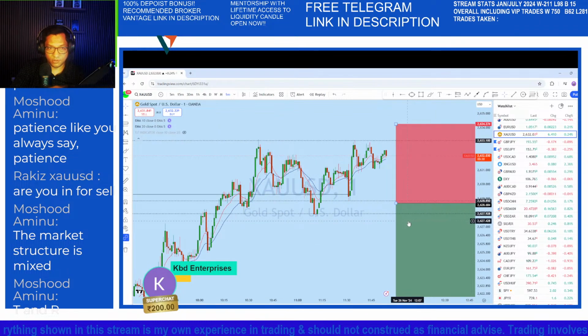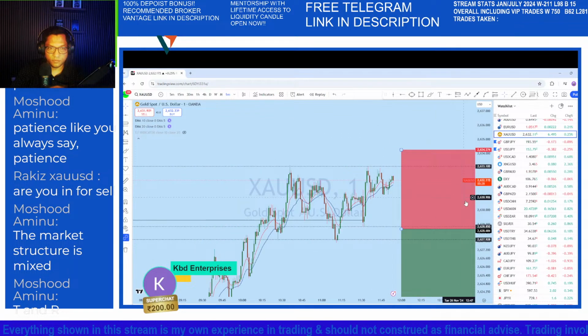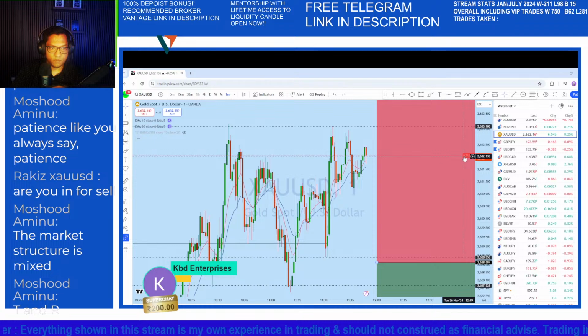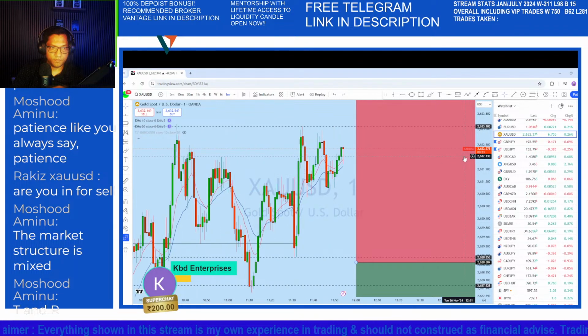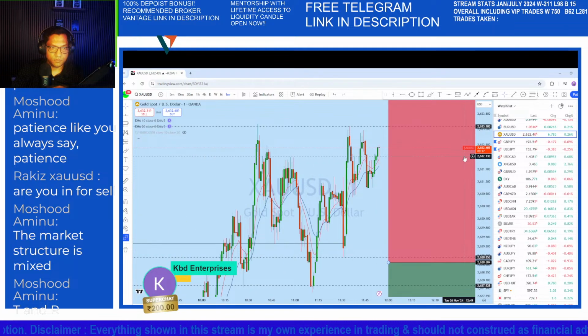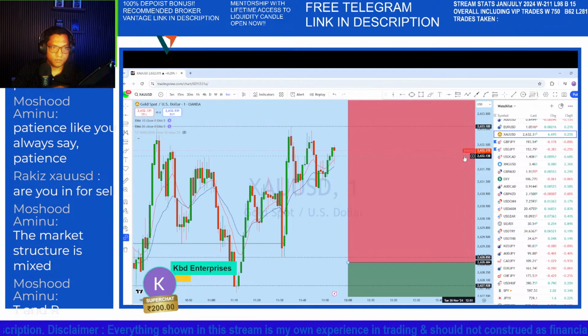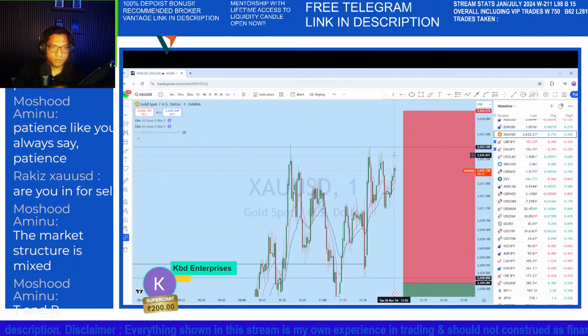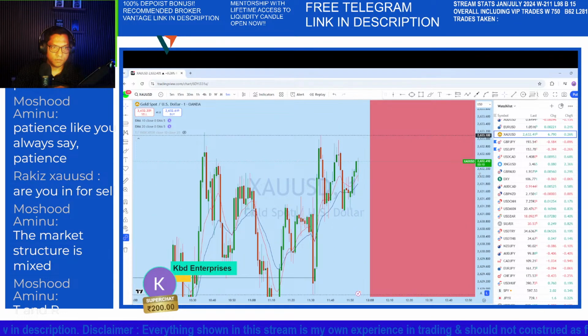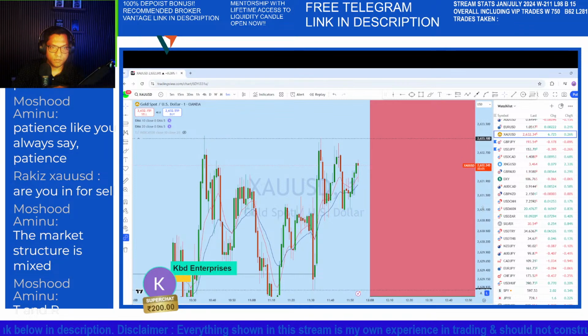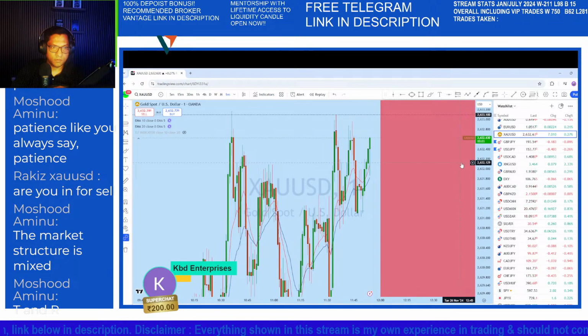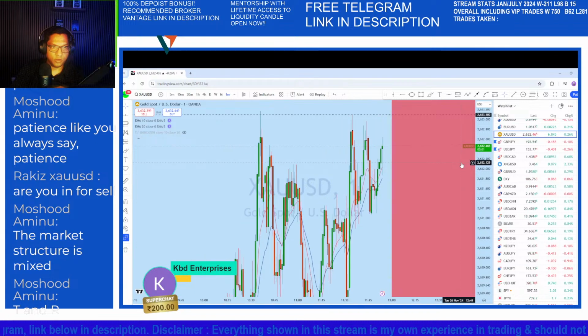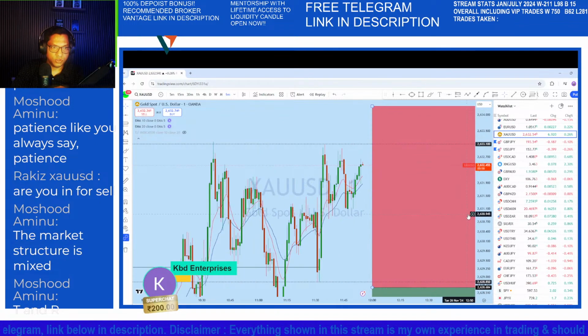Reached that resistance line that we are talking about. It's forming a liquidity candle.